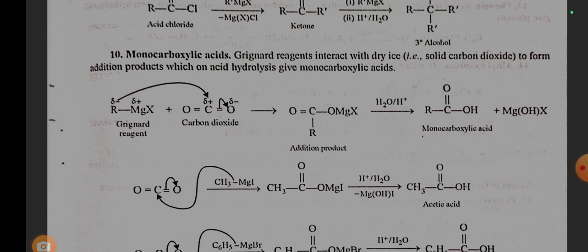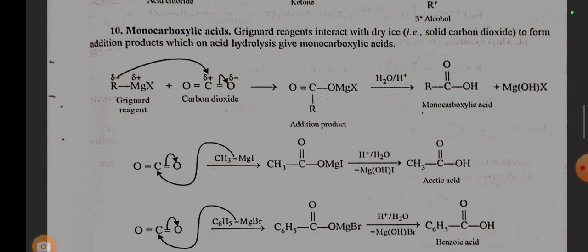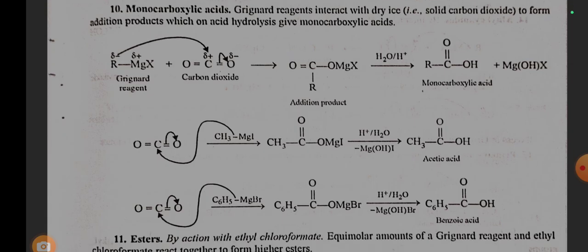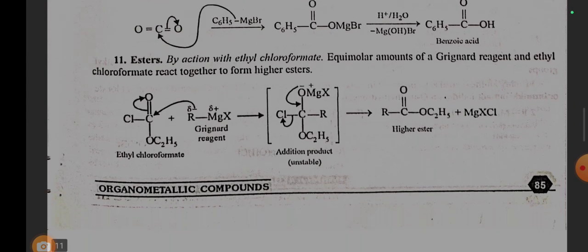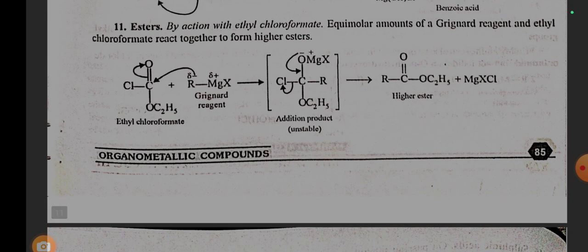10. Monocarboxylic acids. Grignard reagent interacts with dry ice to form addition products which on acid hydrolysis give monocarboxylic acids. Grignard reagent plus carbon dioxide gives an addition product which on hydrolysis gives monocarboxylic acid plus Mg(OH)X. 11. Esters. By action with ethyl chloroformate, equimolar amounts of Grignard reagent and ethyl chloroformate react together to form higher esters.